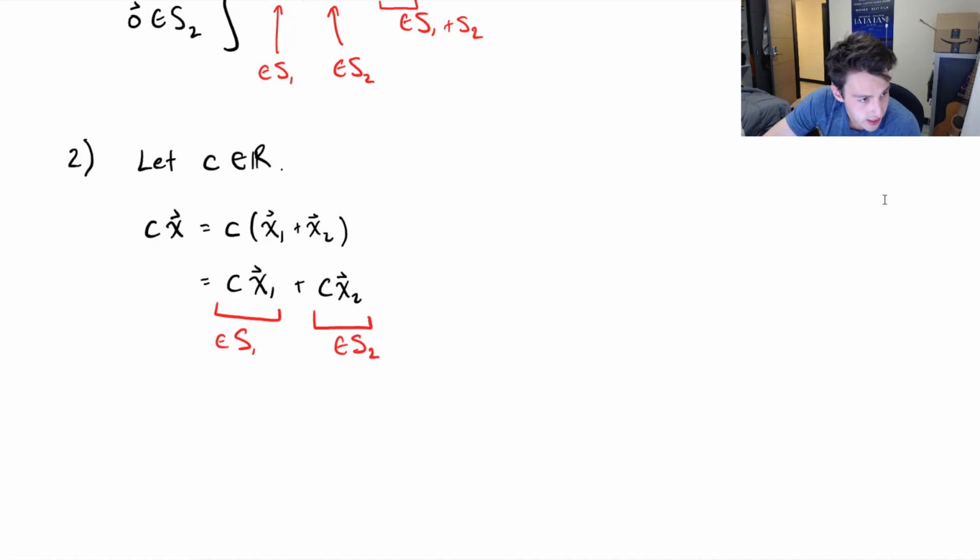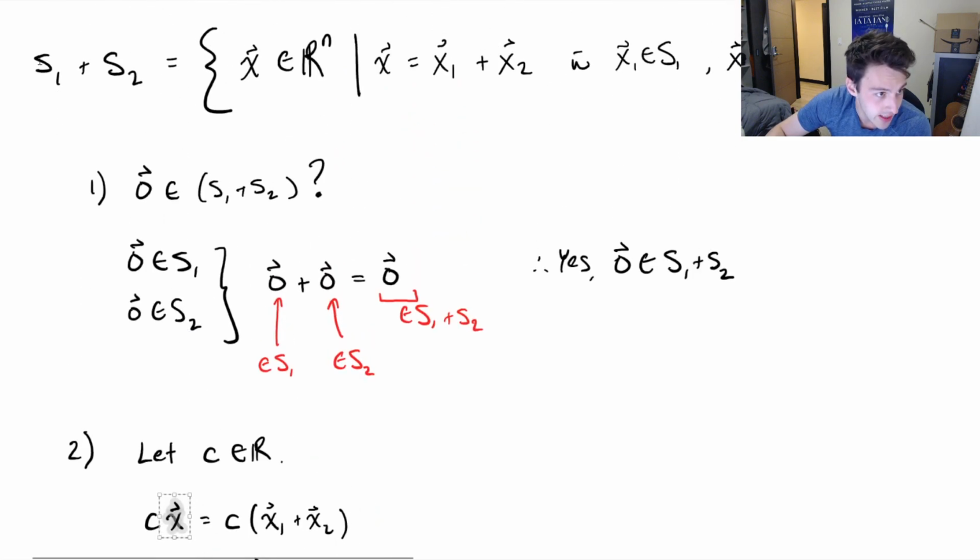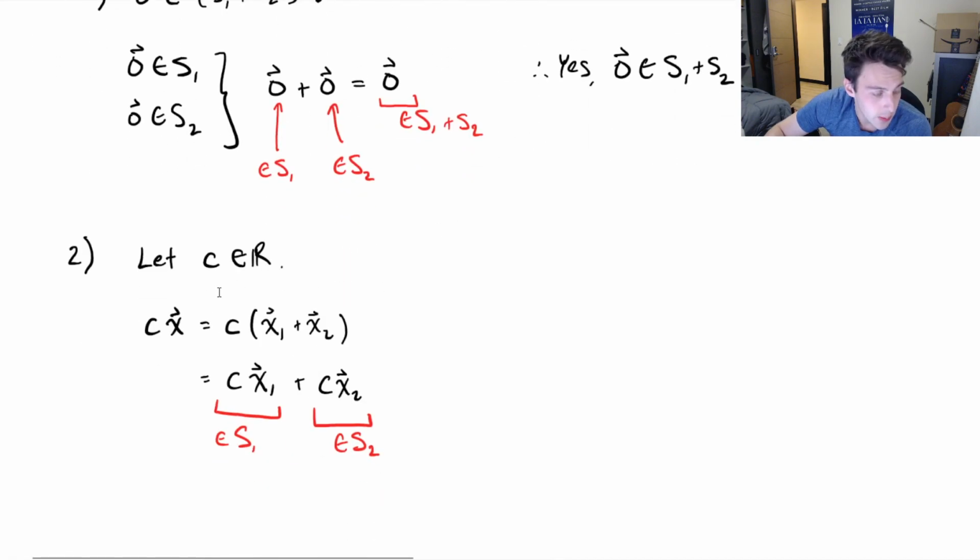So we've just shown that a scalar times a vector in the sum, remember, X was a vector in the sum S1 plus S2, follows this definition. We've broken it down, and CX1 is something from S1, and we're adding CX2, which is something from S2. So CX is going to be in the sum. Therefore, C times X is in the sum S1 plus S2.